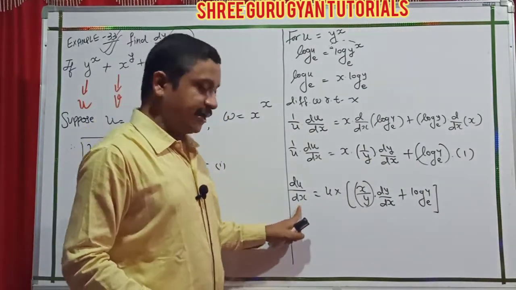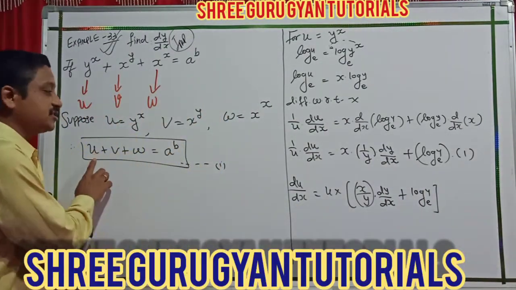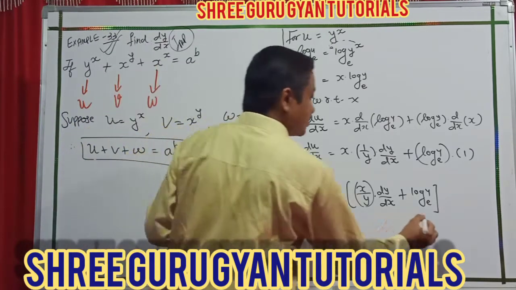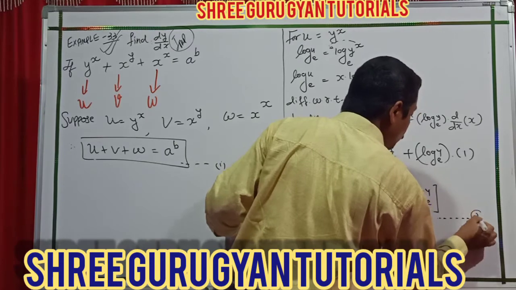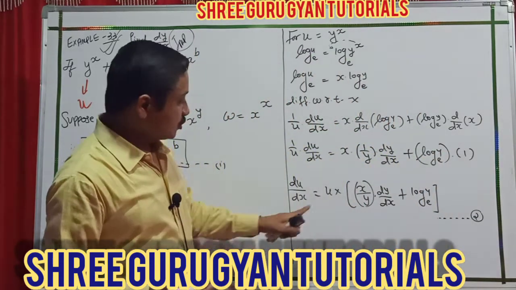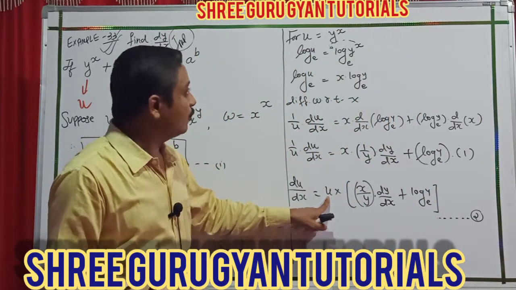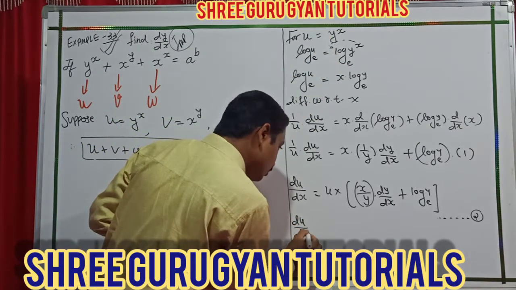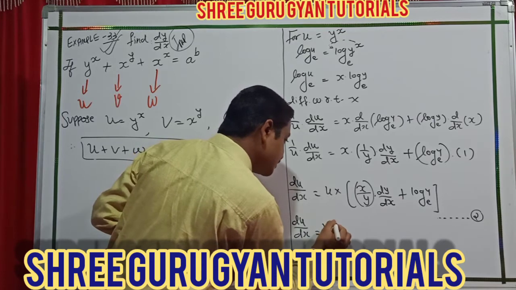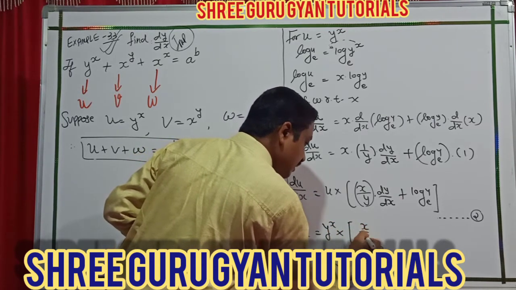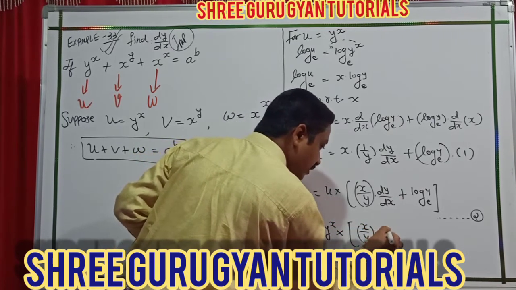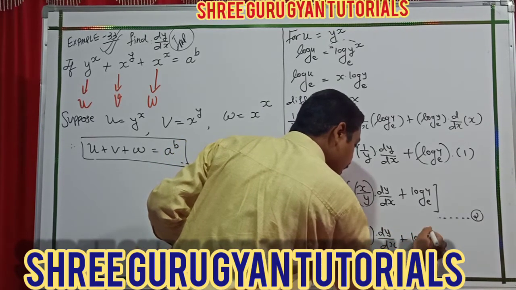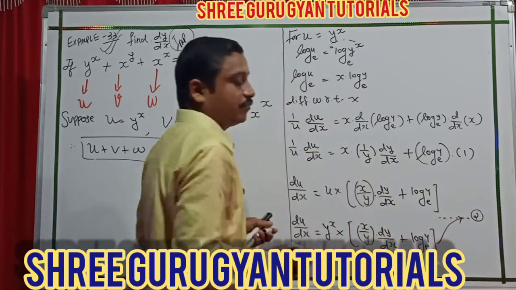Students, this du by dx is actually the derivative of this part that I put as statement number 2. If you put in the value of u, that is also better. What is the value of u? y raised to x. So I apply just one more step: u is y raised to x, and the same as x by y into dy by dx plus log y, and better here apply statement 2.